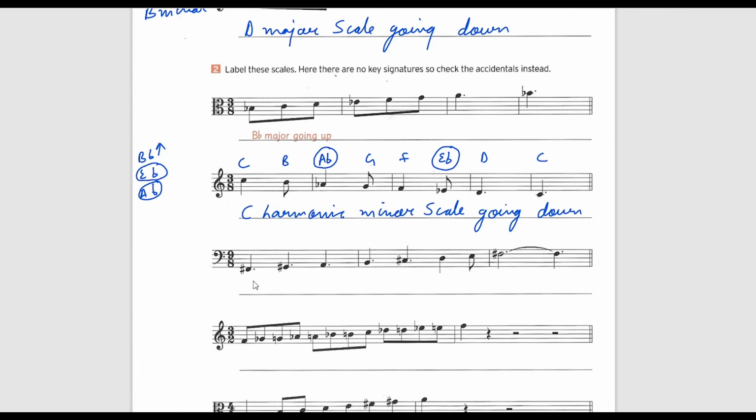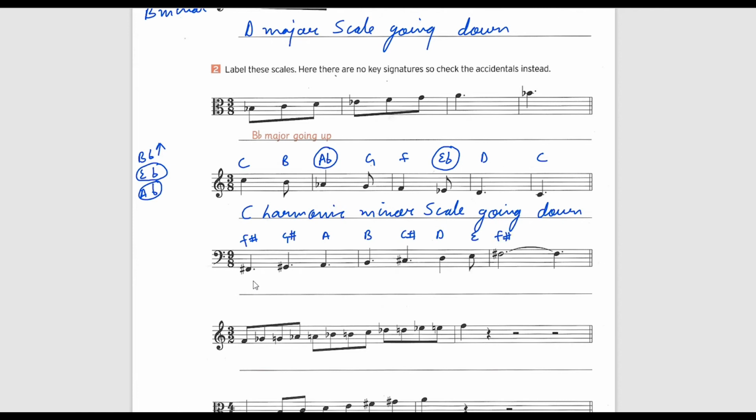Okay. Now next one is this one. So in this one, let's check the notes first. So this is our G and this is F sharp, then G sharp, and this is A, B, C sharp, D, E, and F sharp again.